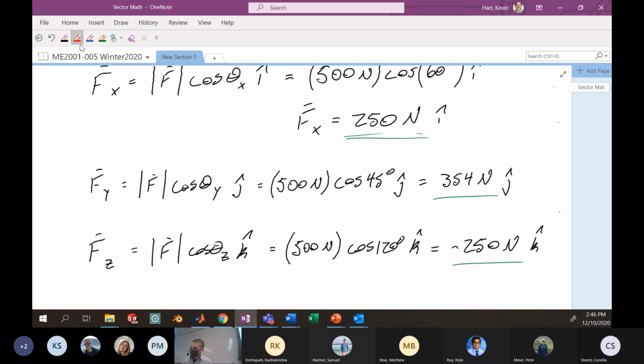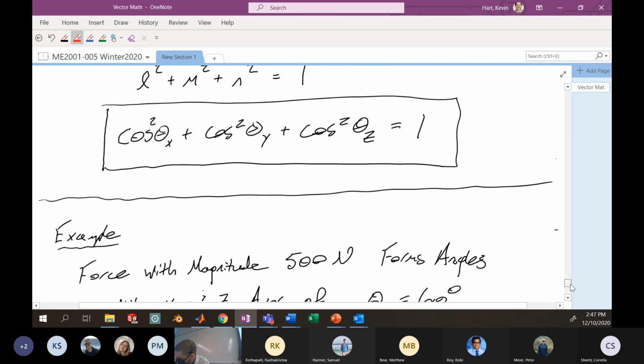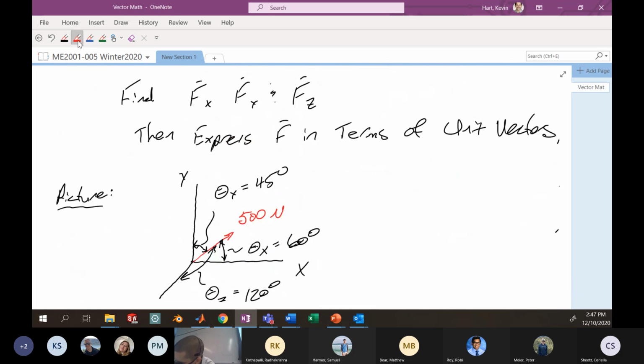Maybe we want to go back to our picture and represent that on our figure. I'll give you a second to copy down if you're still working. So maybe I have 250 in x. My y direction, 354.